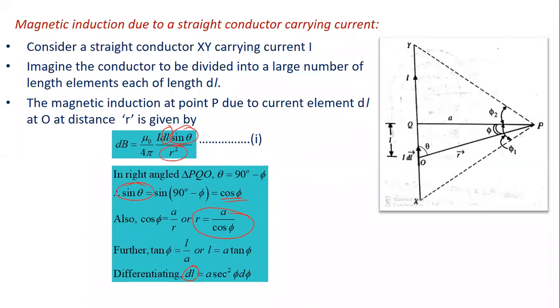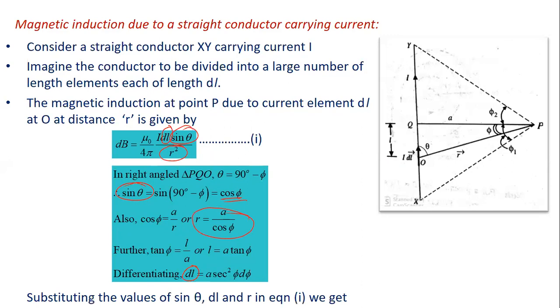So we can substitute these values of dl, sine theta and r square in equation 1. Substituting them in equation 1, what equation do we get?